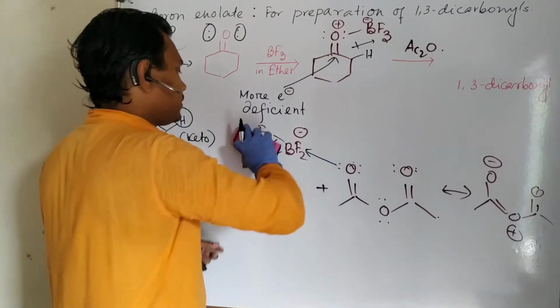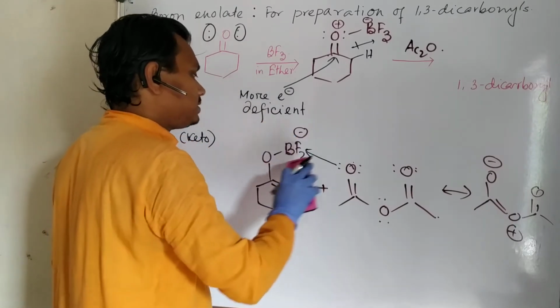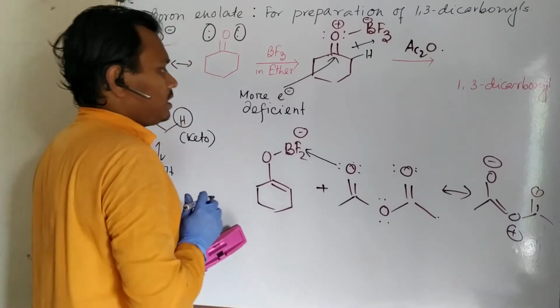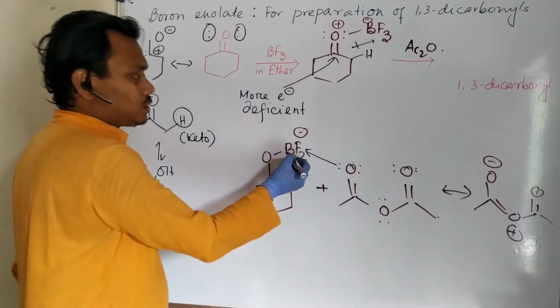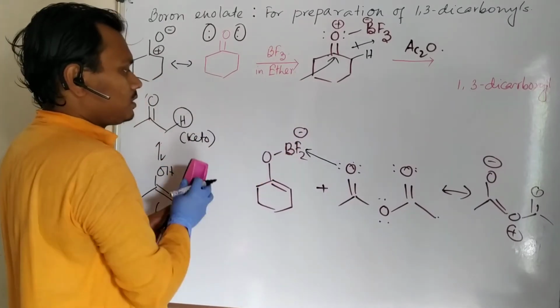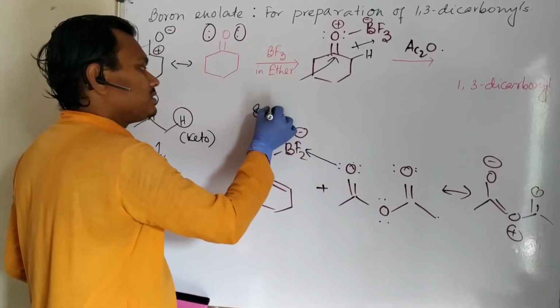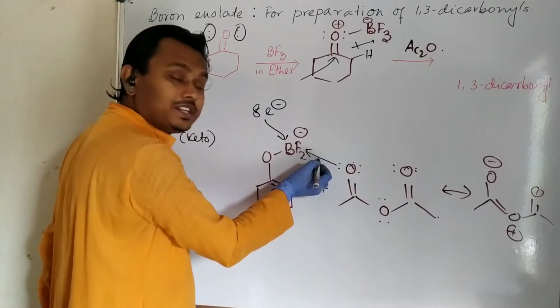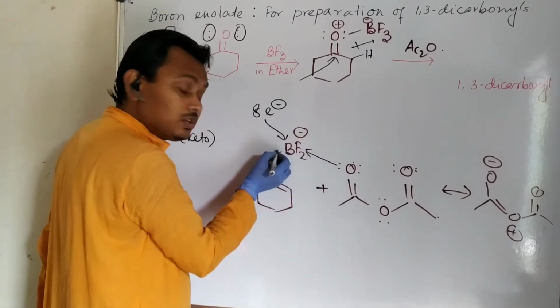So what will it result? Finally, after this, it will result in this. Now see, boron is octet filled. Right now it is not electron deficient. This boron has 8 electrons. And check, this is a coordinate covalent bond, but this is a covalent bond.